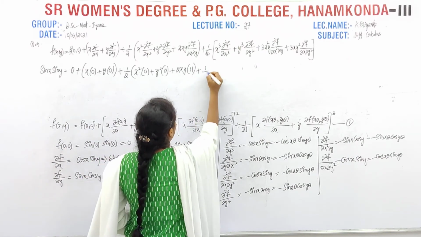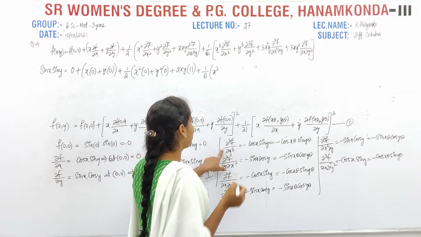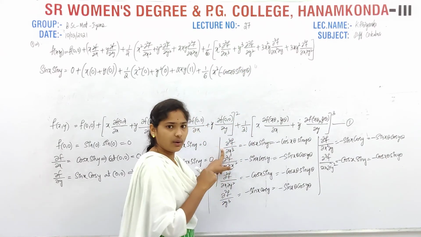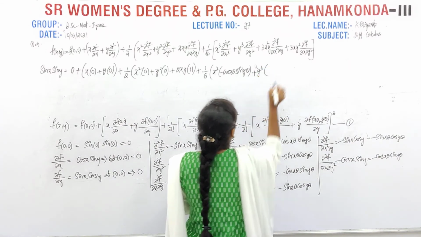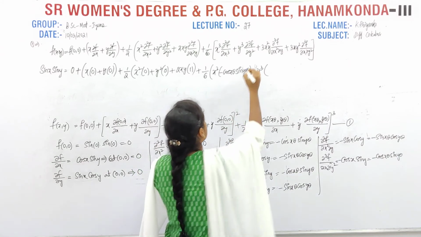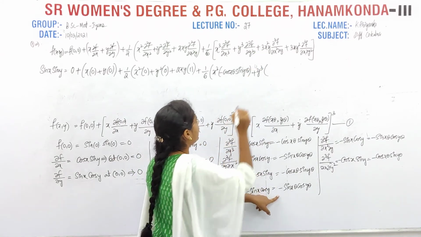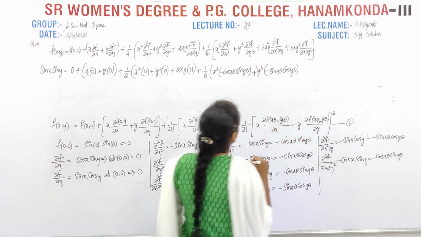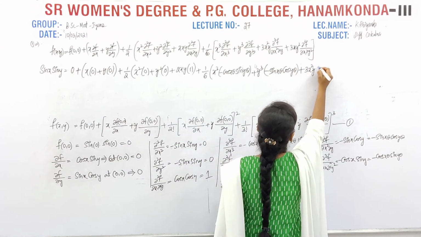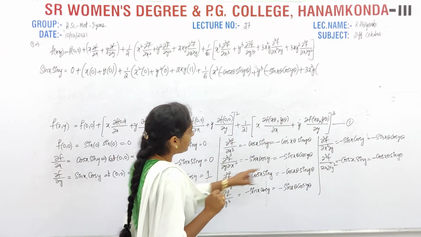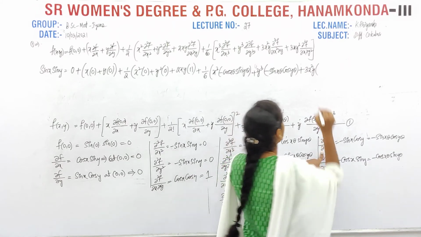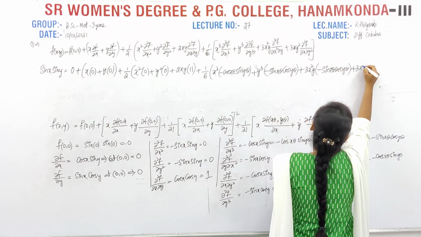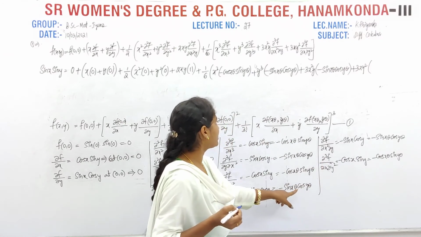Okay, next plus 1 by 6 of x cube ∂³f/∂x³, that is minus cos x theta sin y theta, plus y cube of ∂³f/∂y³, sorry, this is ∂y cube, which is nothing but minus sin x theta cos y theta, plus 3x square y of ∂³f/∂x²∂y, so it is nothing but minus sin x theta cos y theta, plus 3xy square ∂³f/∂x∂y².